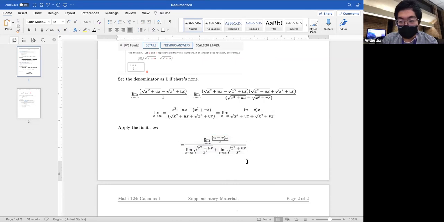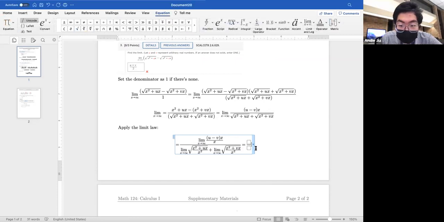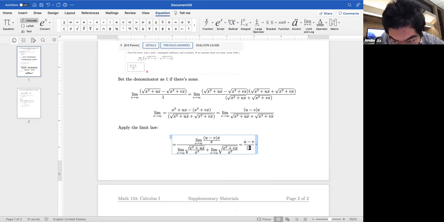The terms u over x and v over x go to 0.